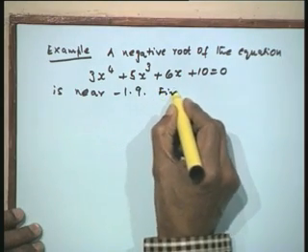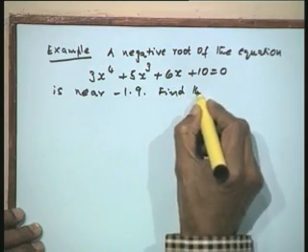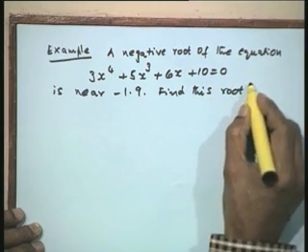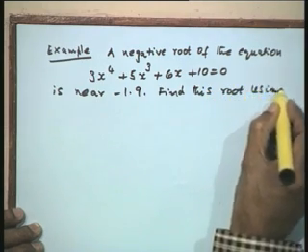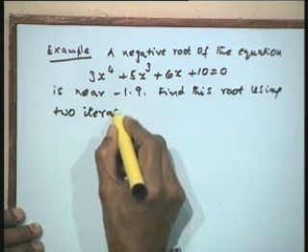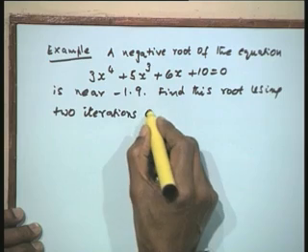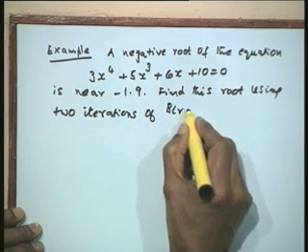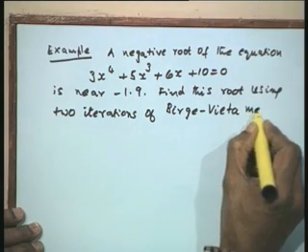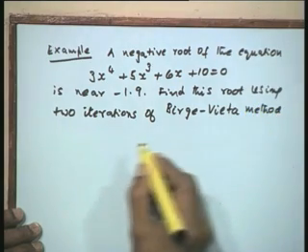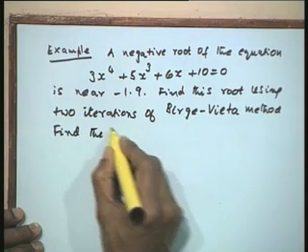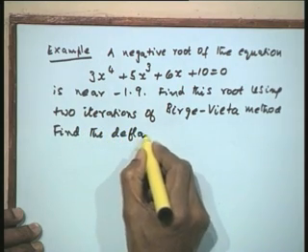Now find this root using two iterations of the Birge-Vieta method. And also let us find the deflated polynomial.